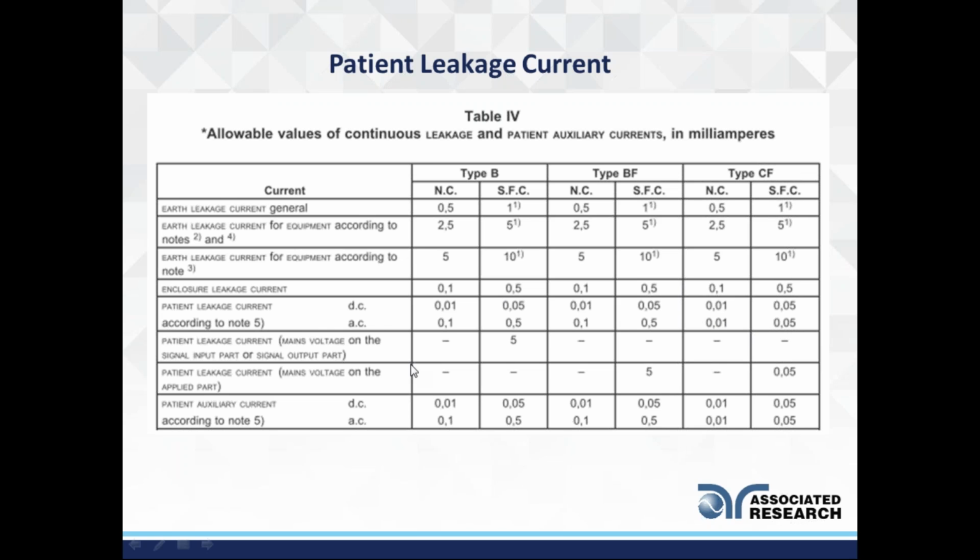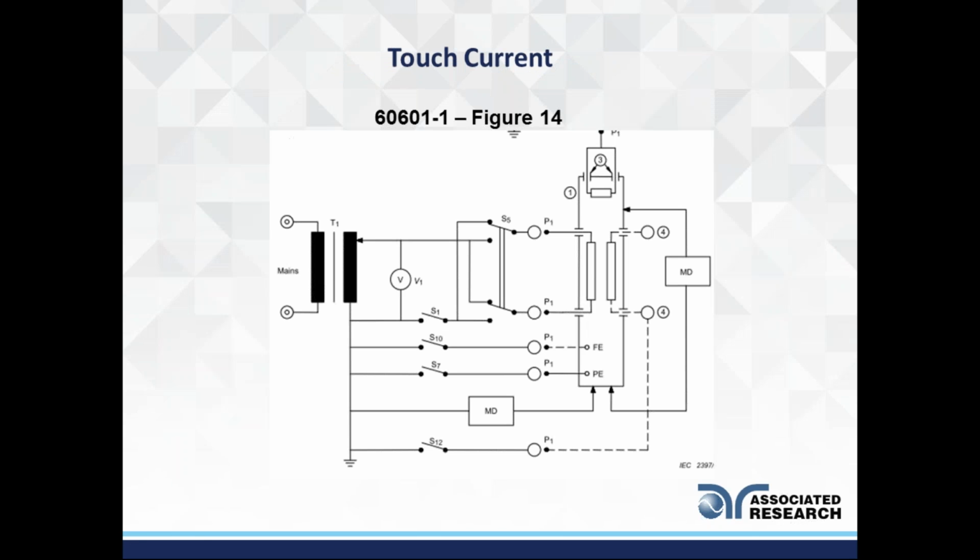So what does this mean, right? How do you use these numbers? How can you utilize this information? So this figure 14 was taken from the standard. This figure 14 is designed to explain how you should be testing for touch current or enclosure leakage, which is another term for it.